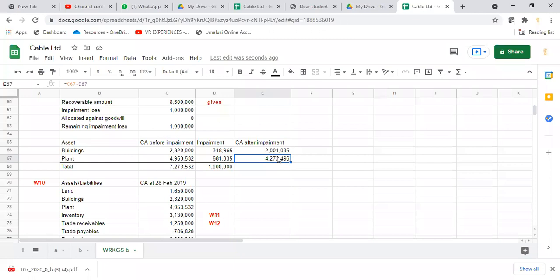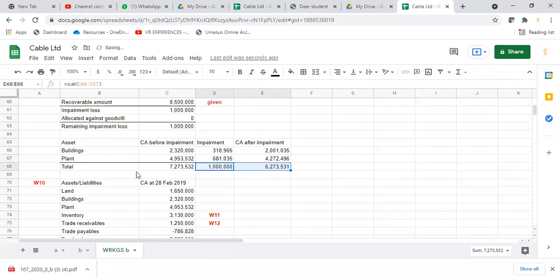If they did do it, we'd have to do a comparison. Okay, but I'm not going to get into that detail. I'll share some of my videos on impairment, and then you can have a look through it yourself. Okay, so just take note. That is how we will do the allocation.